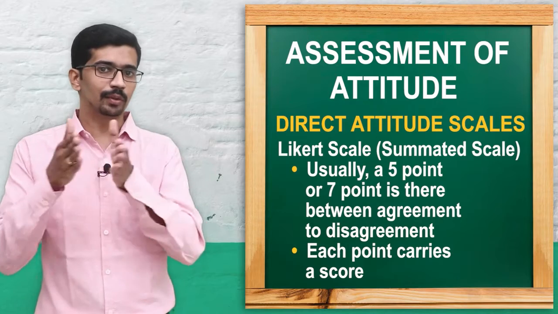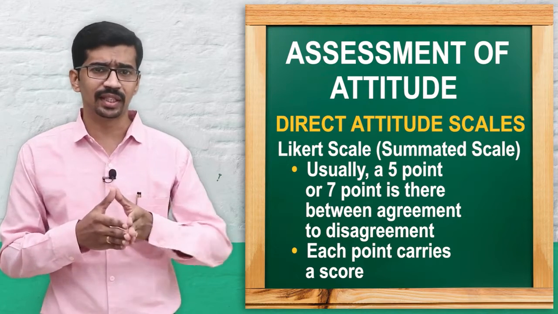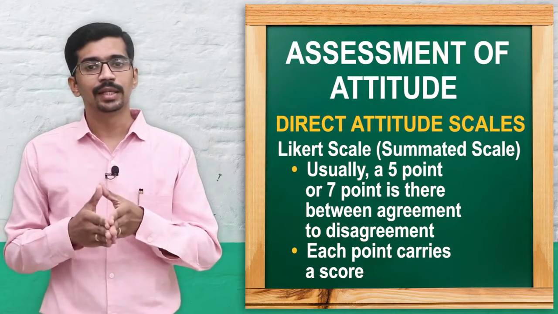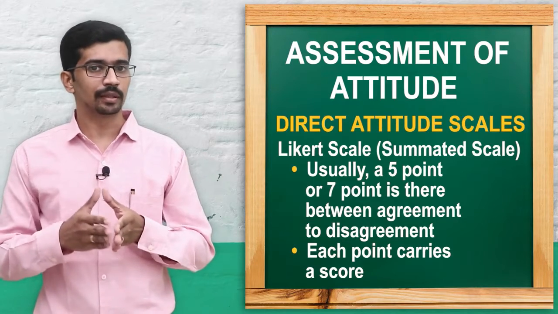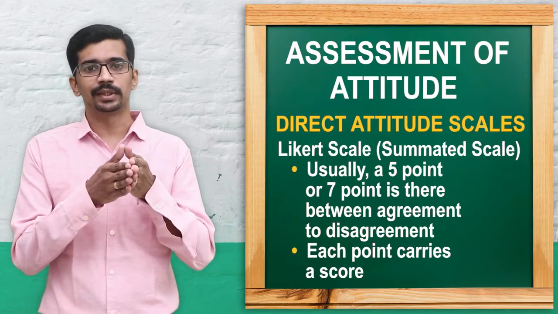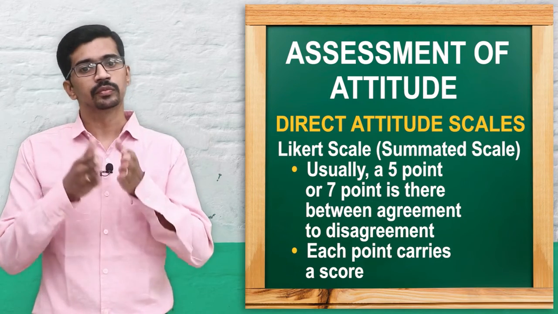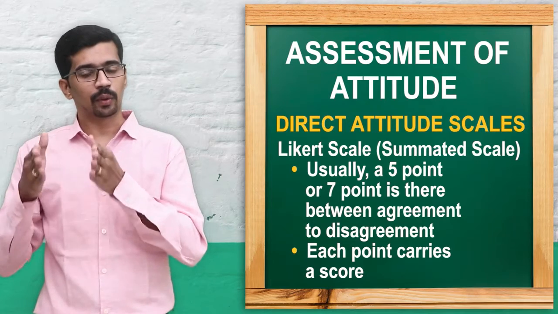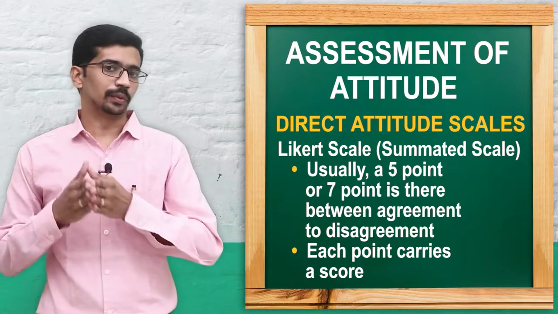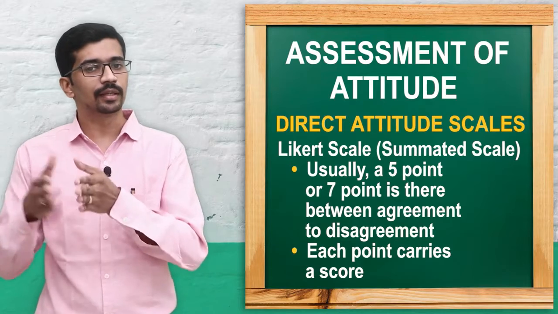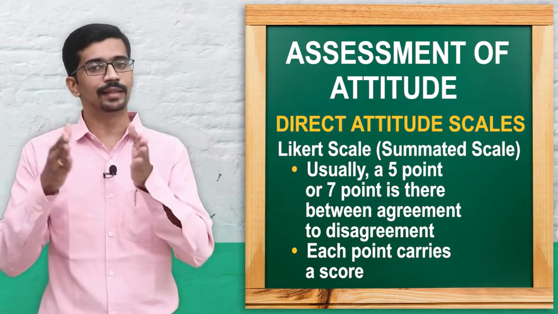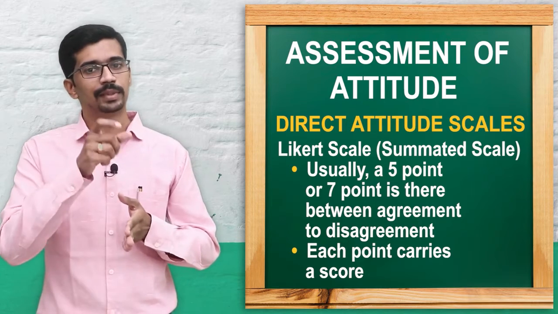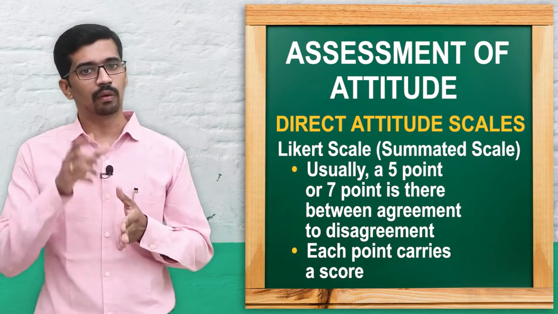Usually there is a 5-point scale between agreement and disagreement, or sometimes a 7-point scale. For example, strongly approve, approve, undecided or uncertain, disapprove, and strongly disapprove. There will be 5 degrees of agreement or disagreement, and each will have a score, maybe from 5 to 1 or 1 to 5.